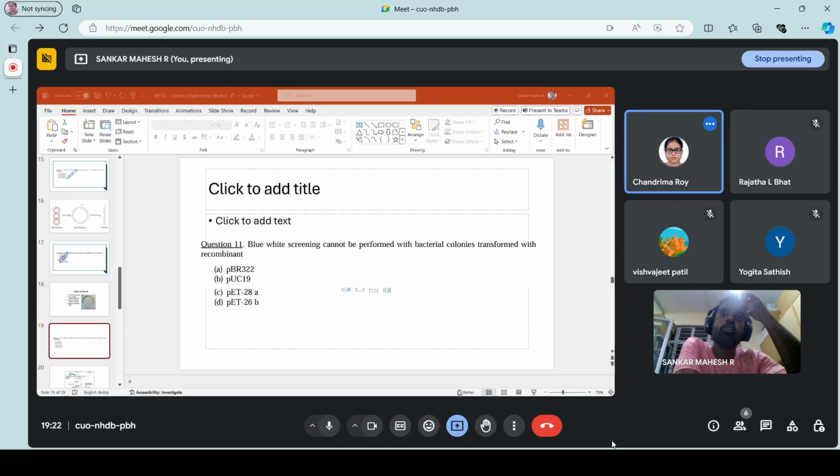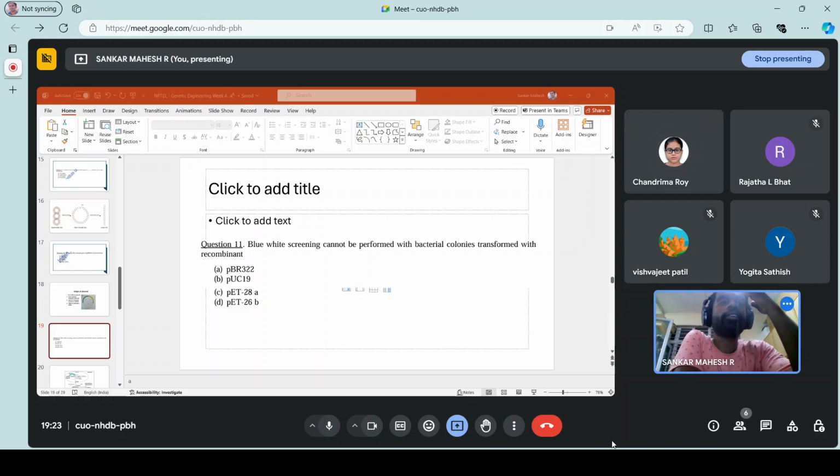Okay, if that is the case, what is the purpose of a selection marker? Can you rephrase it?